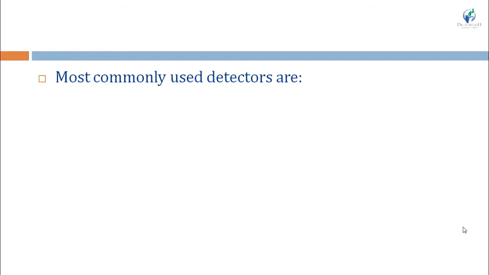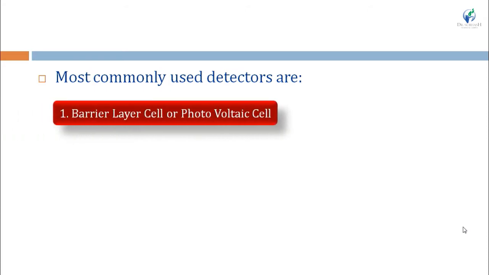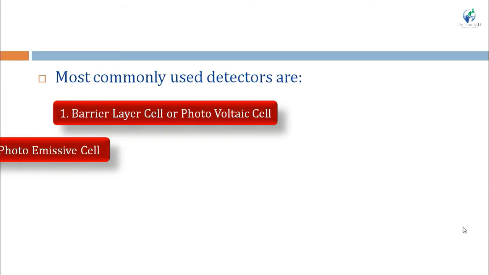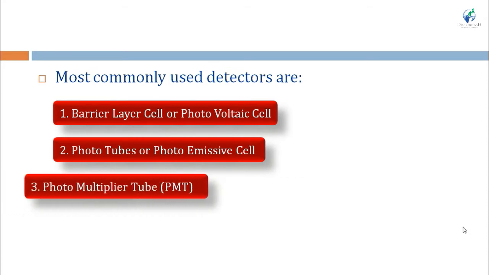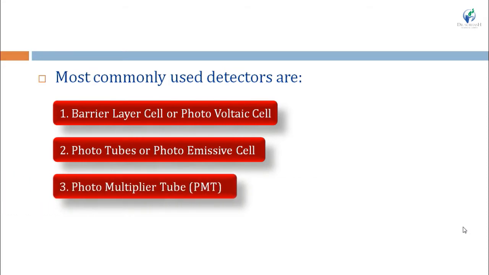The most commonly used detectors in UV and visible spectrophotometers are mainly three. First one is the photovoltaic cell, which is also known as barrier layer cell. Second detector is the photoemissive cell, which is also known as phototube. And third detector is the photomultiplier tube, in short known as PMT.